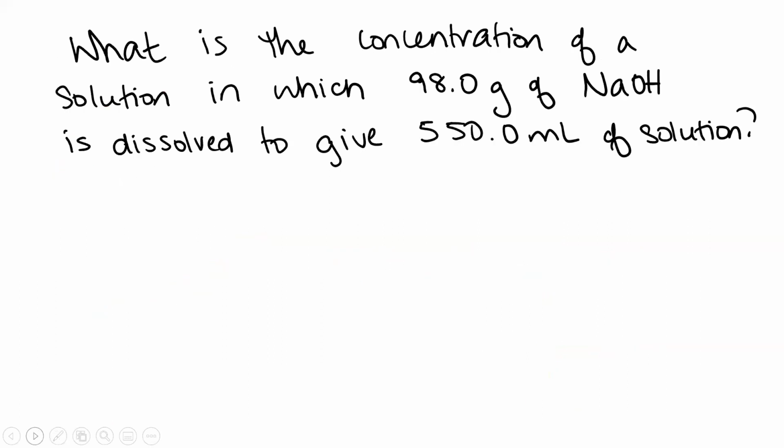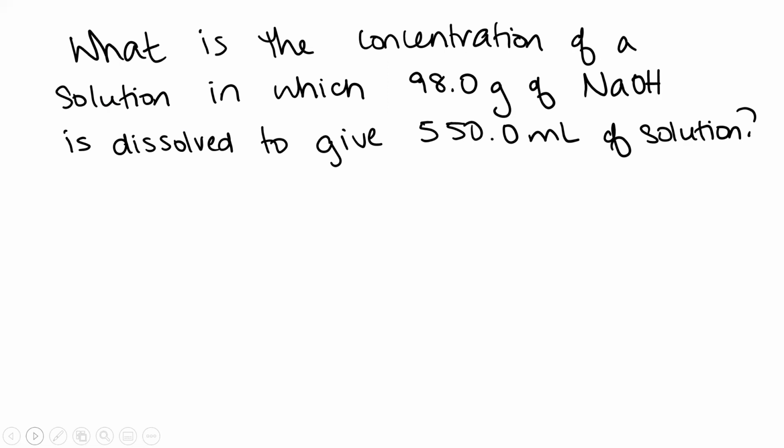All right, so a slightly different way to come about this. What is the concentration of a solution in which 98.0 grams of sodium hydroxide is dissolved to give 550.0 milliliters of solution? So this question isn't nearly as nice as the last one.